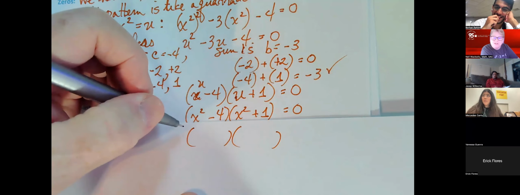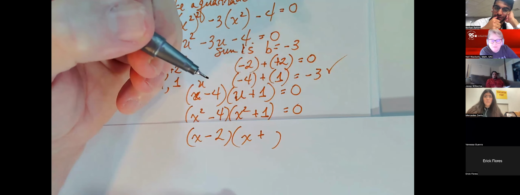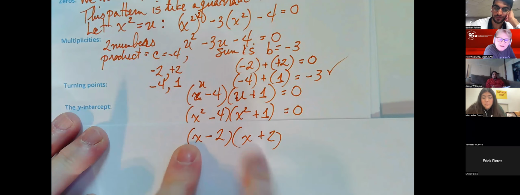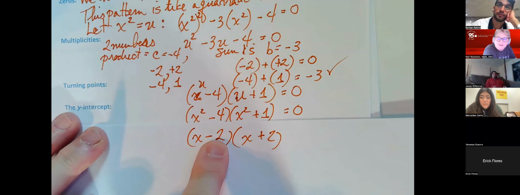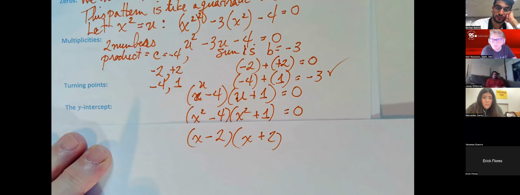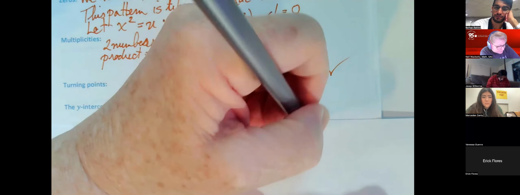The square root of x squared is x, and the square root of 4 is 2. So x minus 2 times x plus 2, with a plus in one and a minus in the other. What about x squared plus 1? Could that be factored with real numbers? It's the sum of two squares, so we can't factor it using what we know now.